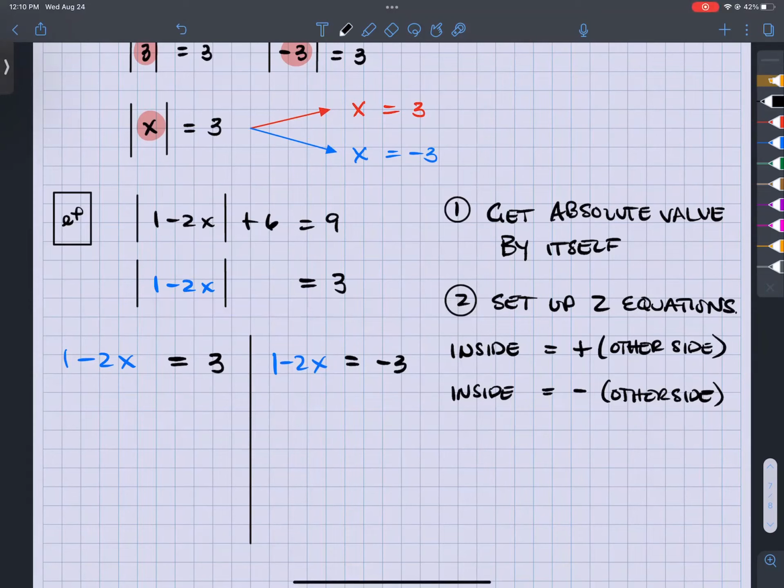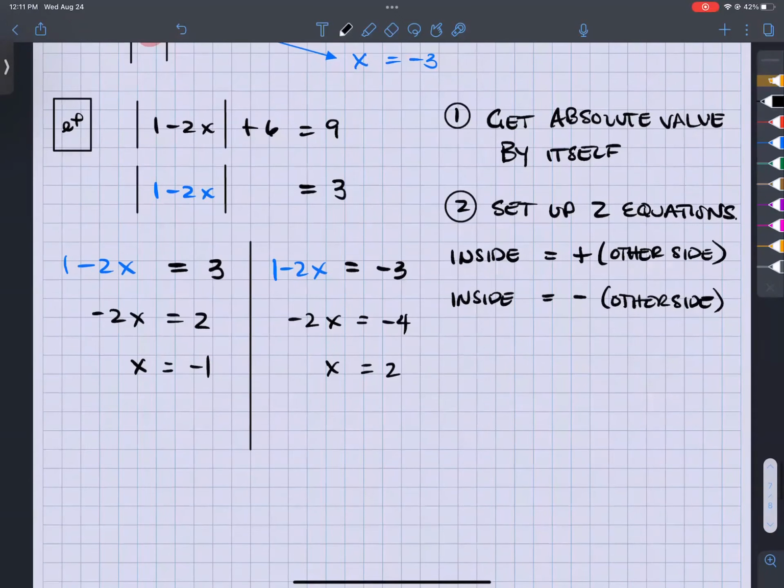And then I solve. So just like quadratics, I'll have something like that.